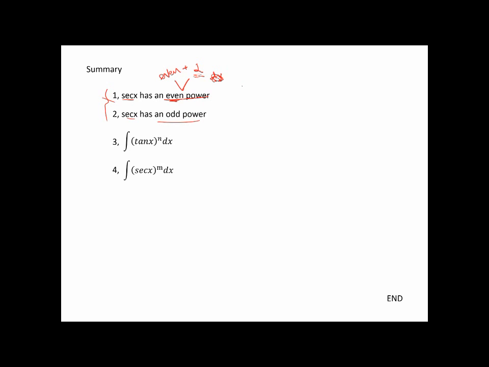If it is an odd number, and at the same time tangent x also has an odd power, you want to separate out one secant x and one tangent x, put them together with the dx, and rewrite the rest in substitution.